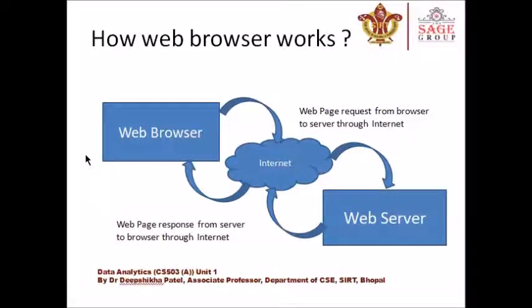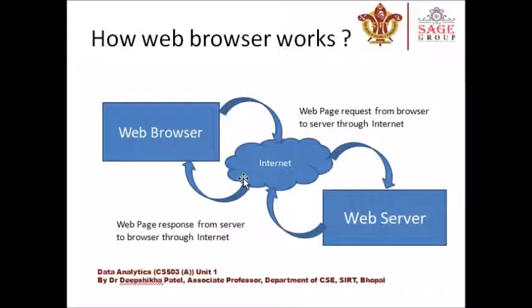So have a look at this diagram. This is the web browser located at the client machine, and the web server located at the server side. The web browser and web server first establish a connection, a TCP connection.